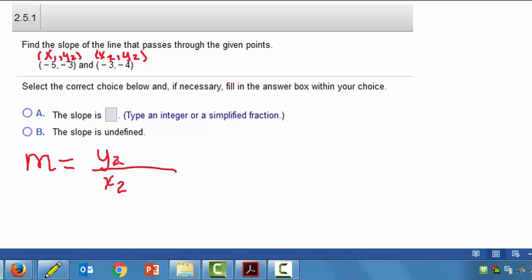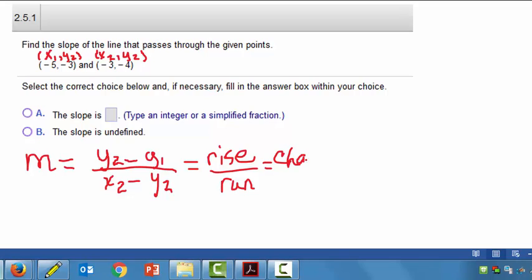So each y needs to be over its corresponding x. So this is my formula for slope, and it gives me the rise over the run. Rise is the change in y. Run is the change in x.